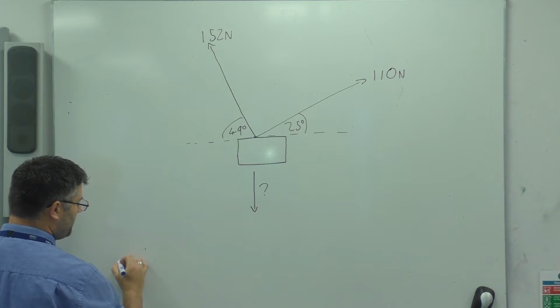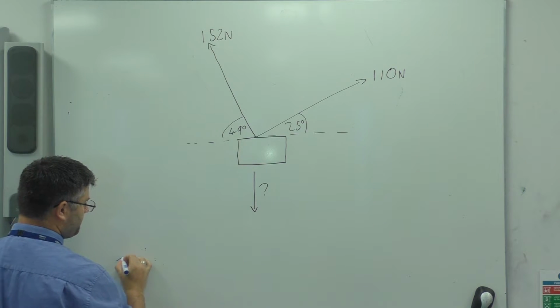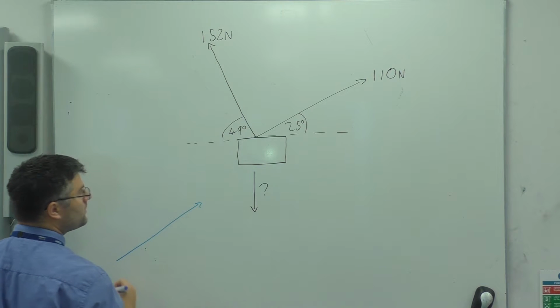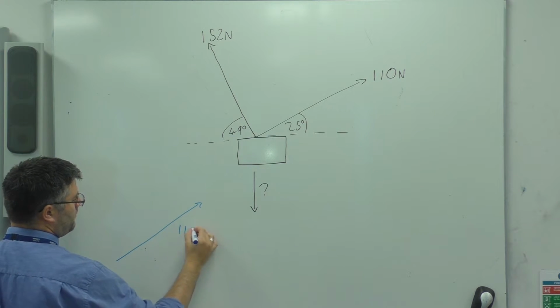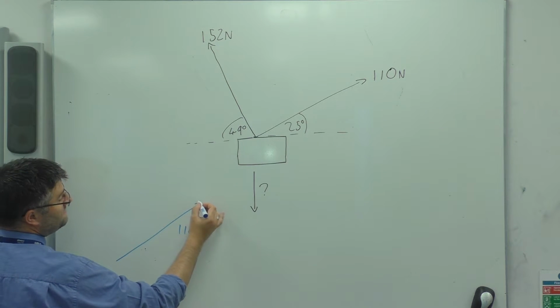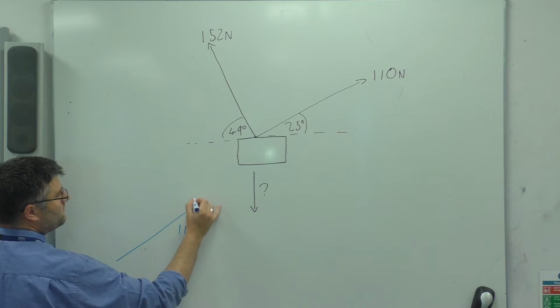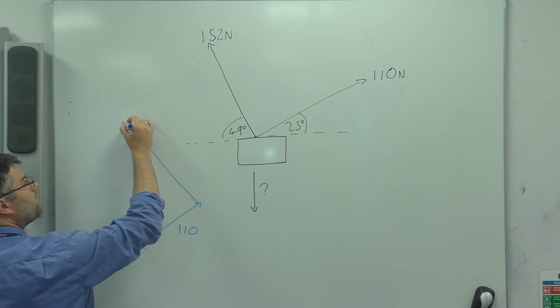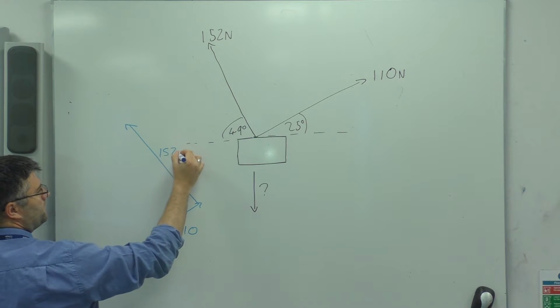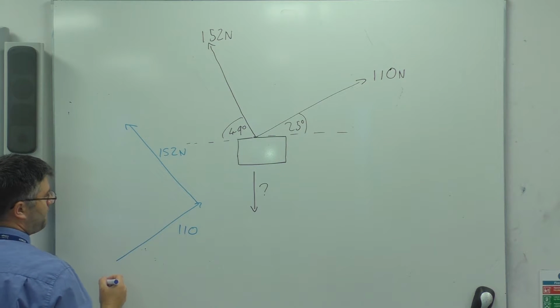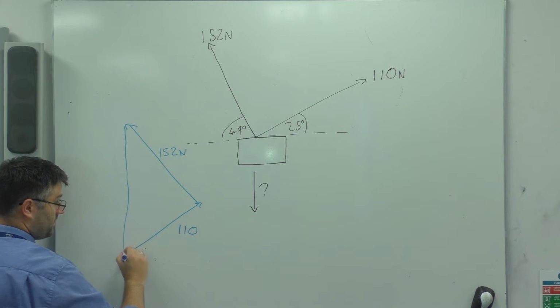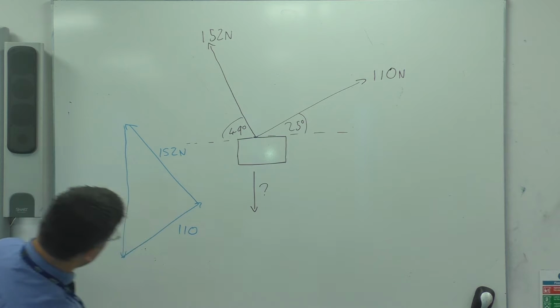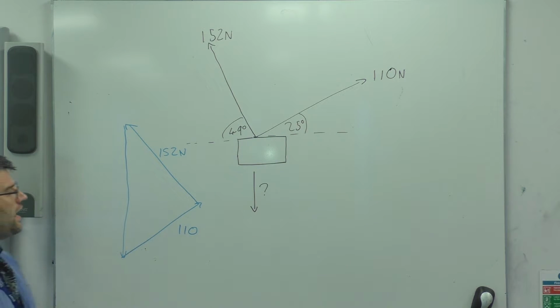So we start with our 110, and then we add tip to tail, as we do with most vectors, our 152 newtons. Then we can join the dots, straighten it off.